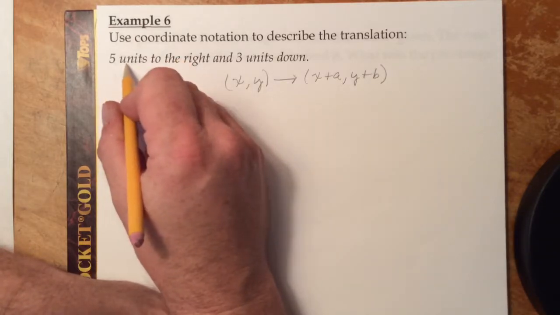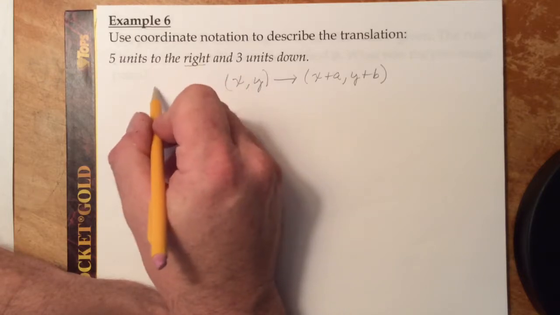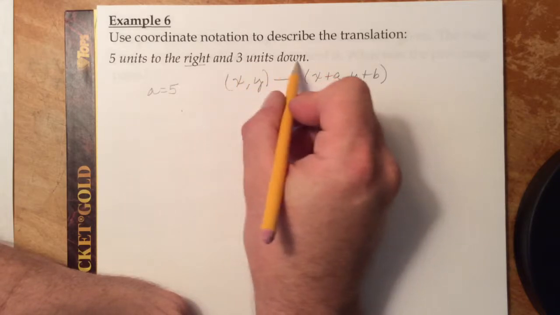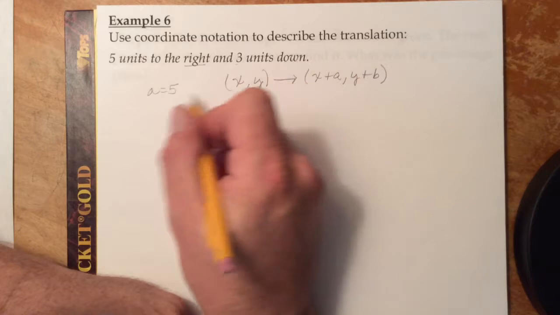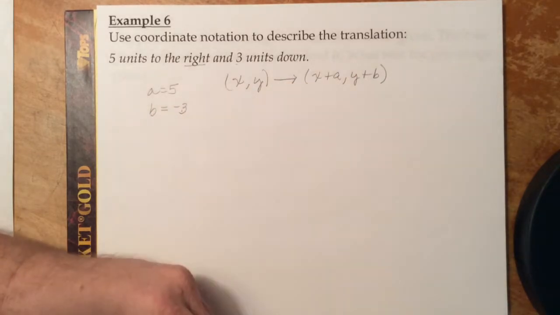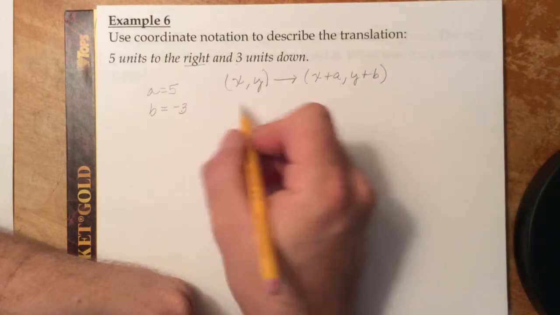A, it says 5 units to the right, which is horizontal. Right implies positive, so a is positive 5. And then it says 3 units down. 3 units down implies negative, so b is negative 3. And then simply substitute those values in for a and b and simplify if needed.